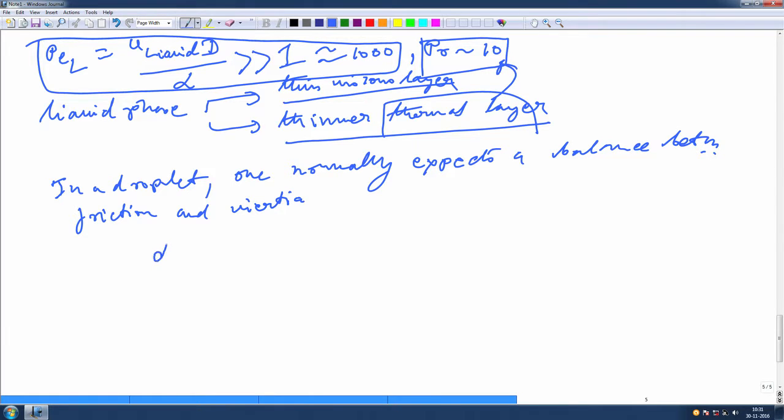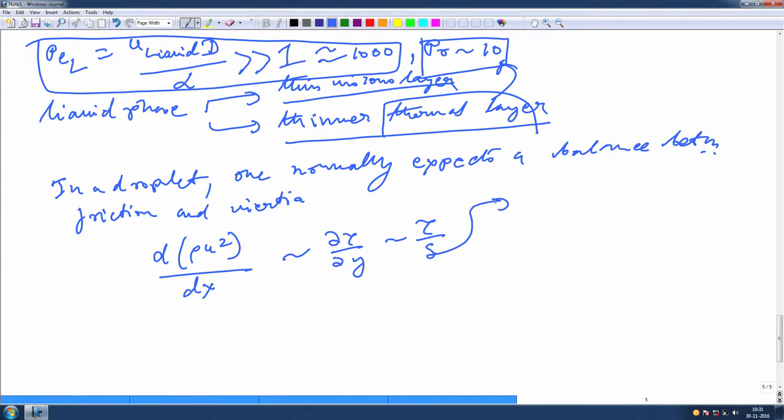So, from an order of magnitude perspective, this is your inertia, this is your friction force, which can be written like this, right. Delta is nothing but the gas phase boundary layer thickness, right.